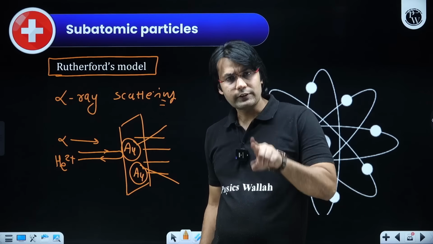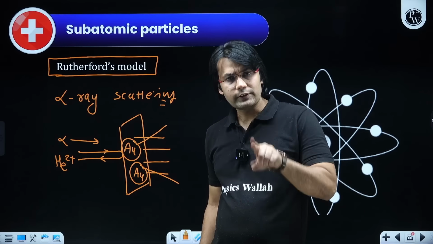E equals h nu, so this h nu is the energy of one quanta. Now if you have n number of quanta, the total energy will become n times h nu.